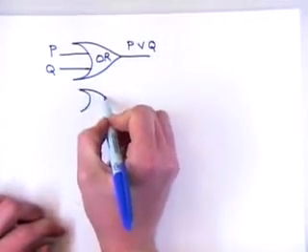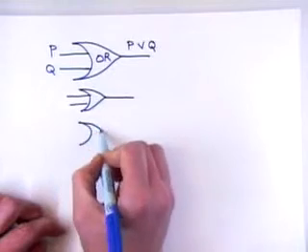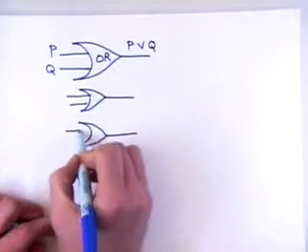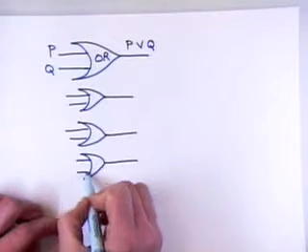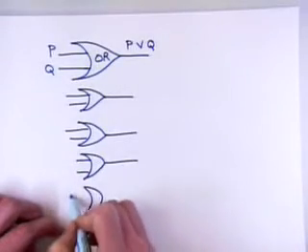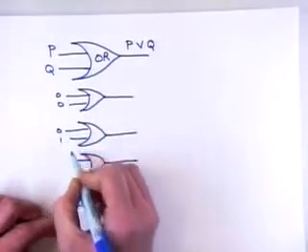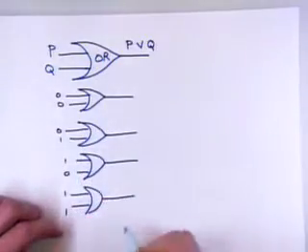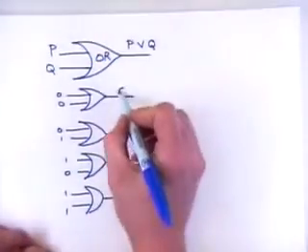So let's do some examples. All 4 of them, actually. If I put 0 and 0 in for my inputs, I get 0 as an output.